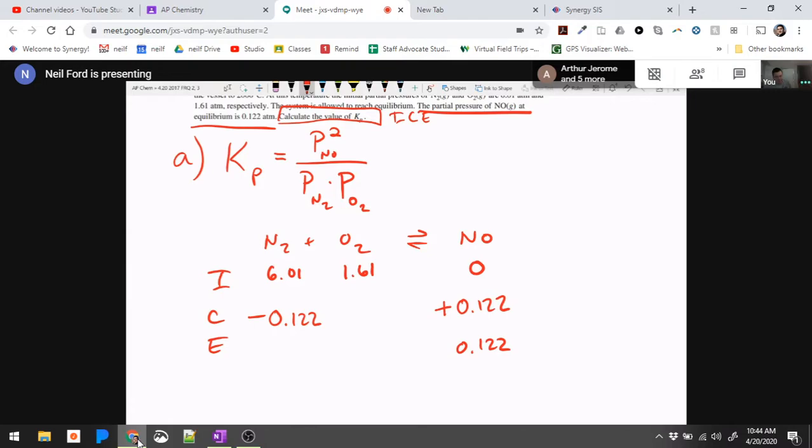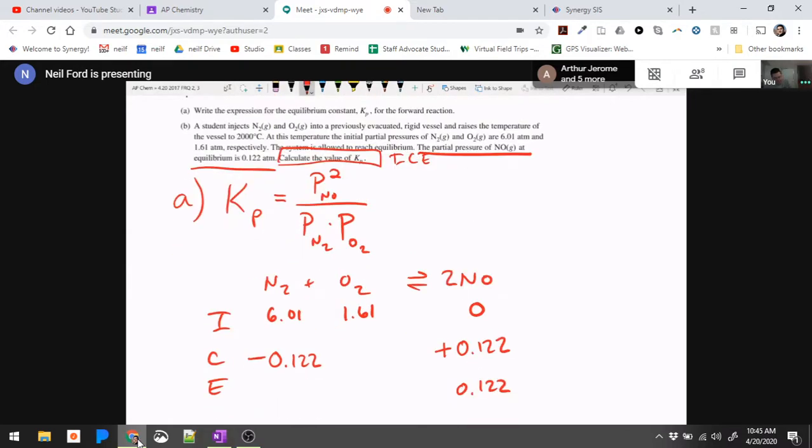Oh, and sorry, I forgot to balance. So this one should be twice as large as these two because of the stoichiometry. So half of that would be, what's half of 122? 61. Okay, so I'll say 0.061 minus 0.061.